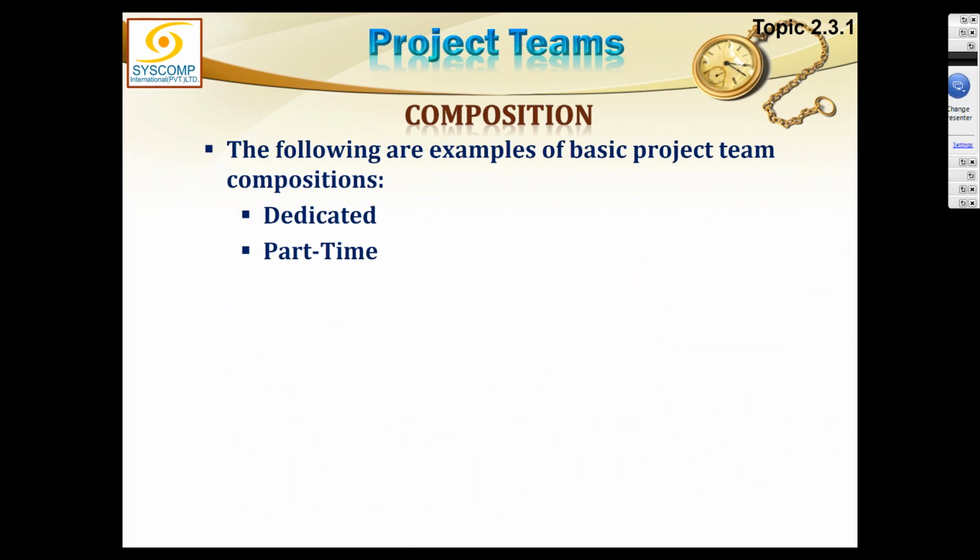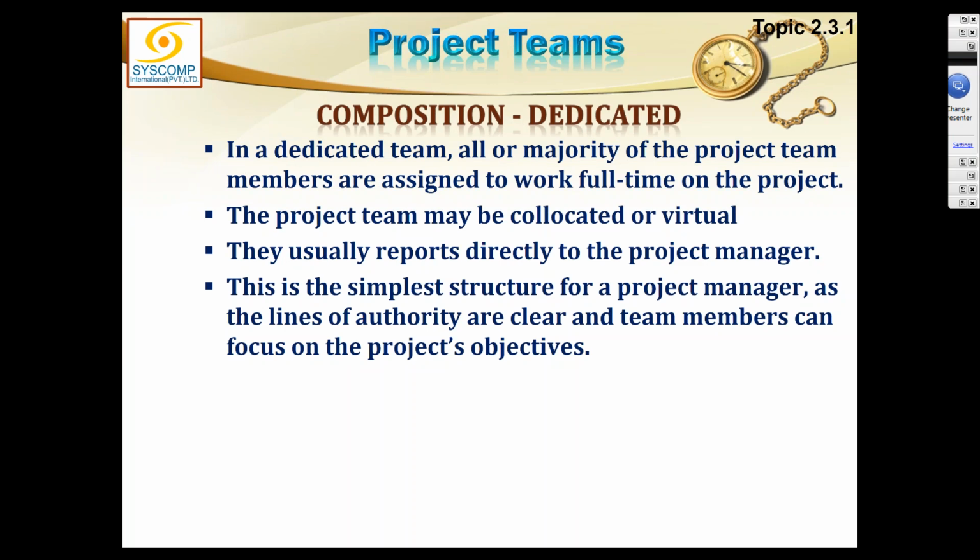The composition of these project teams could be, as you remember, in the functional organization and a weak matrix and in a balanced matrix, we had part-time team members. But you remember, in a strong matrix and the projectized organizational structure, we had dedicated staff. So both of these structures could exist.